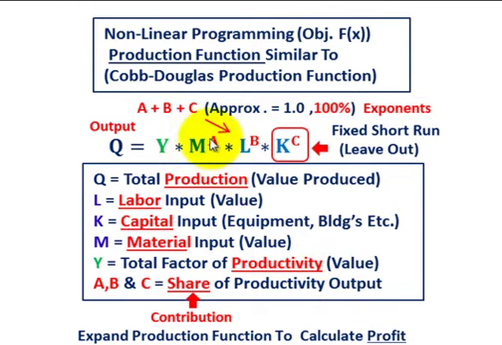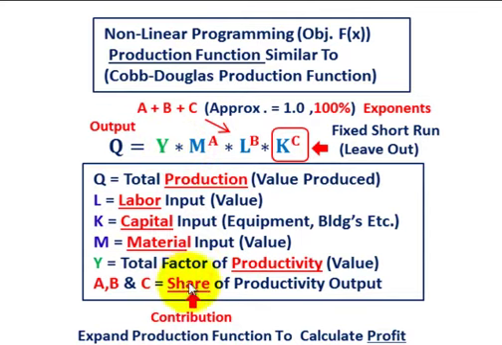Material is raised to an exponent A, labor is raised to an exponent B, and capital is raised to an exponent C. But really these exponents should add up to a unit of 1. You break out your percentages, and each one of these variables, material and labor, and of course capital we're not going to use, is really the share of productivity, or the contribution.